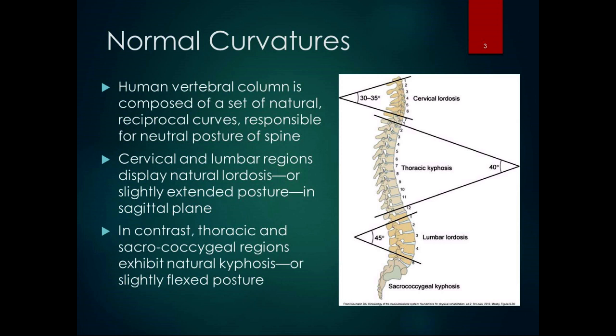The thoracic has some slight kyphosis, and the cervical has lordosis. So lordosis is a slightly extended posture in the sagittal plane, and kyphosis is a slightly flexed posture in the sagittal plane. So the anterior concavity of the thoracic and sacral regions provides space for vital organs within the chest and pelvis. So that makes sense.